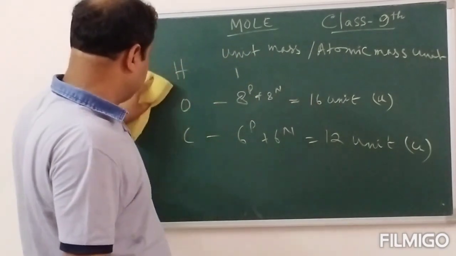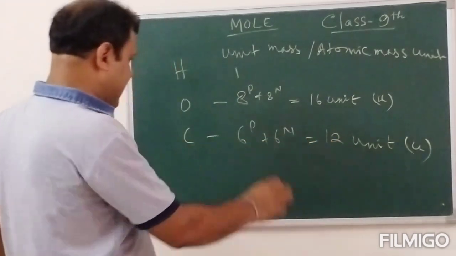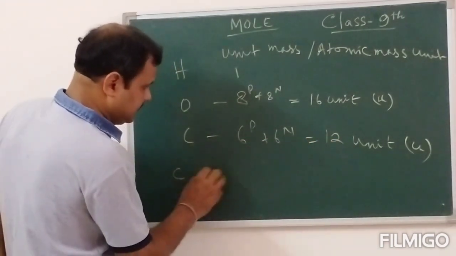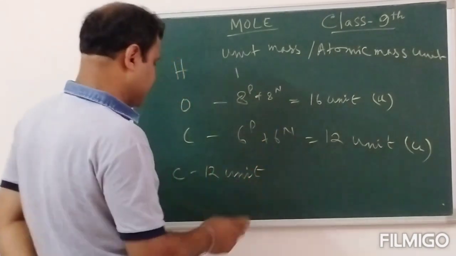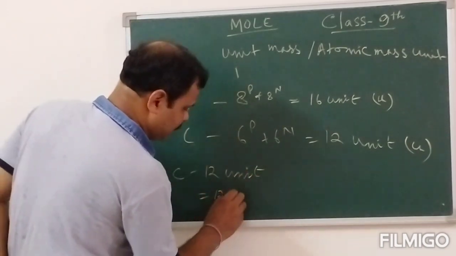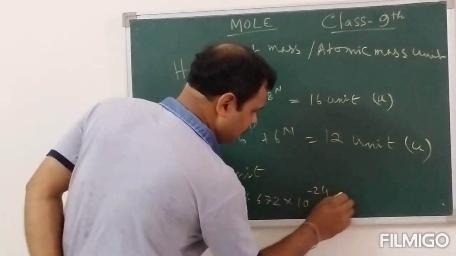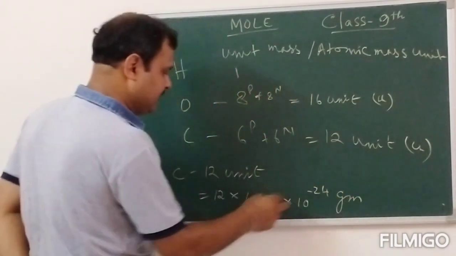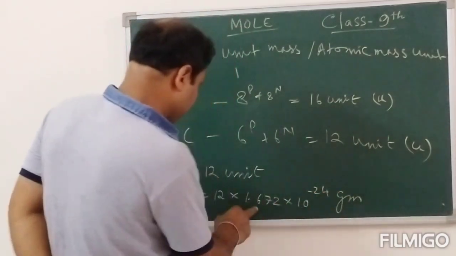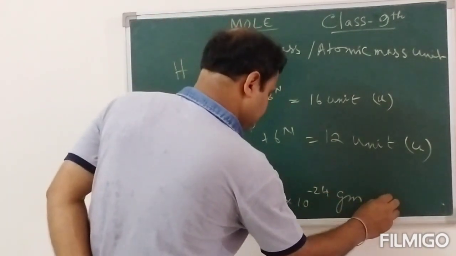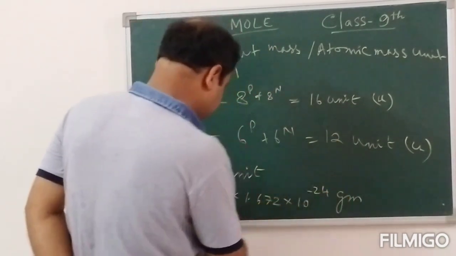So you see, these are the elements and they have very small masses. What does this unit mean? One atom of carbon has 12 units of mass. What does it mean? It means 12 into 1.672 into 10 raised to minus 24 gram. Just consider, this mass is divided by 1 followed by 24 zeros.